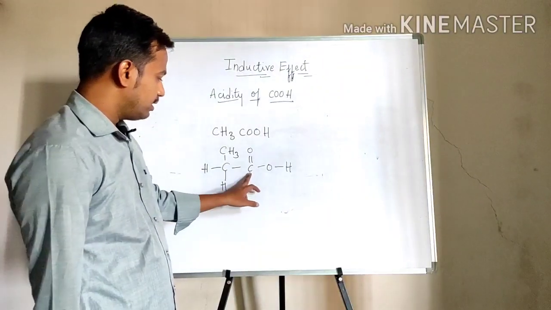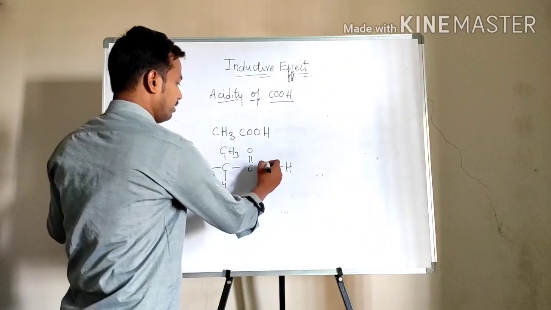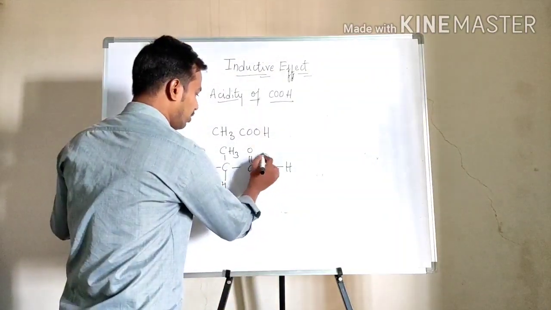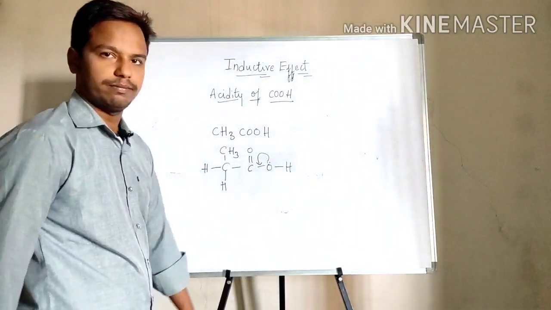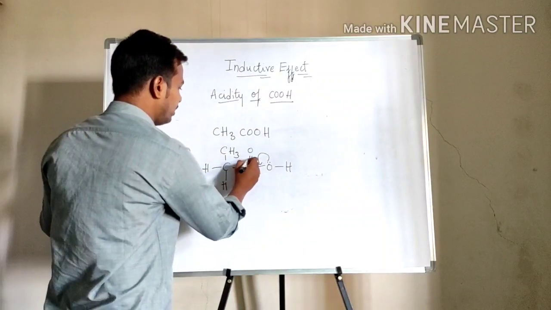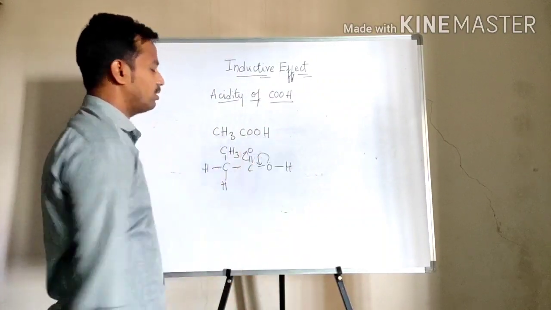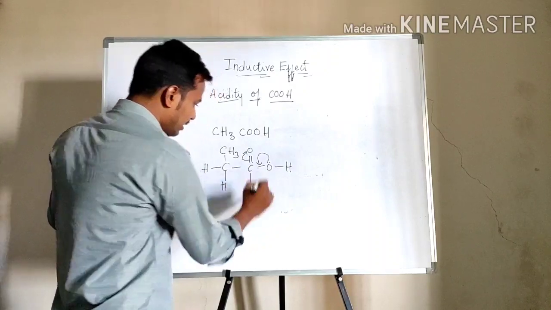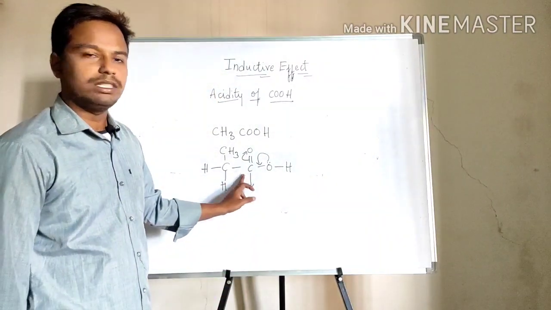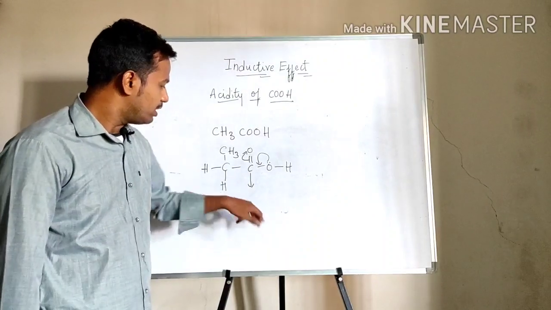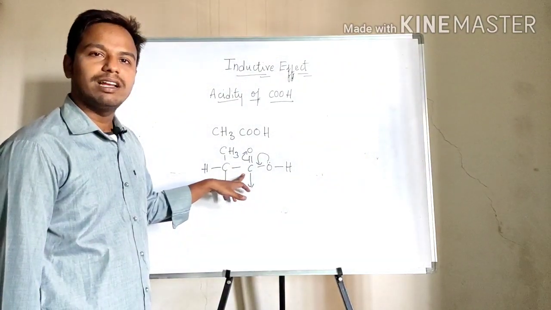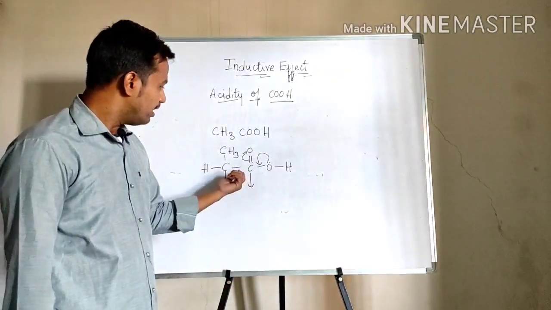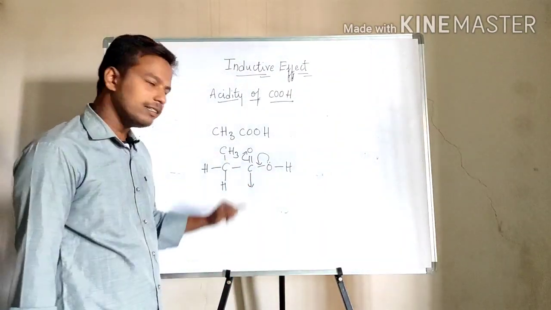See what is happening here. The oxygen atom bearing the lone pair will donate towards the carbon atom, and this pi bond will go towards the oxygen atom, thereby creating electron deficiency in this carbon atom.